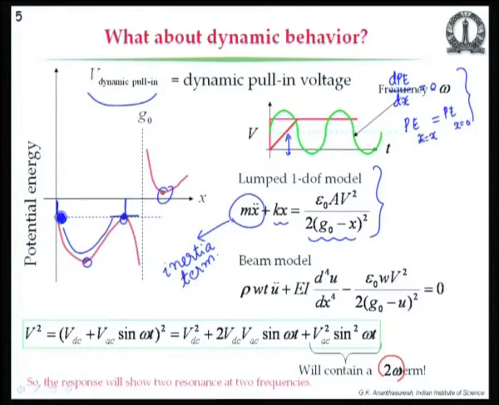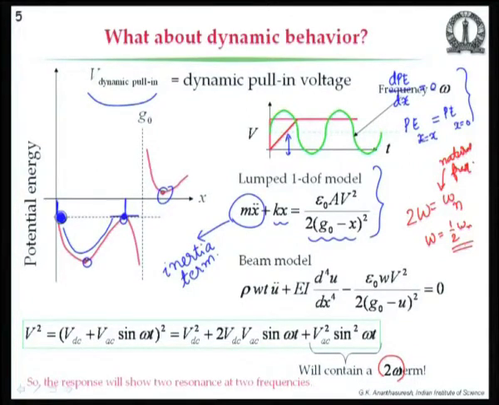So, when this 2 omega is equal to the natural frequency, omega n, again we should expect resonance to occur. That is when the applied omega is only half of the natural frequency, already we will have resonance occurring in this system. That is one thing that we need to remember, because there is a V square non-linear term for the force.